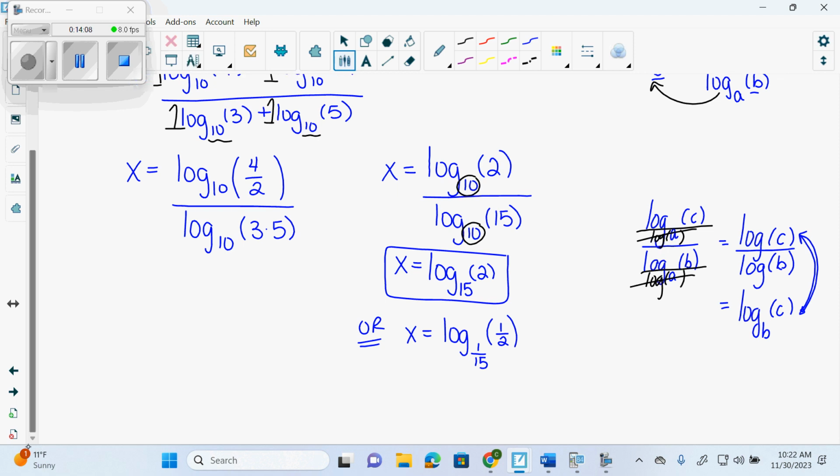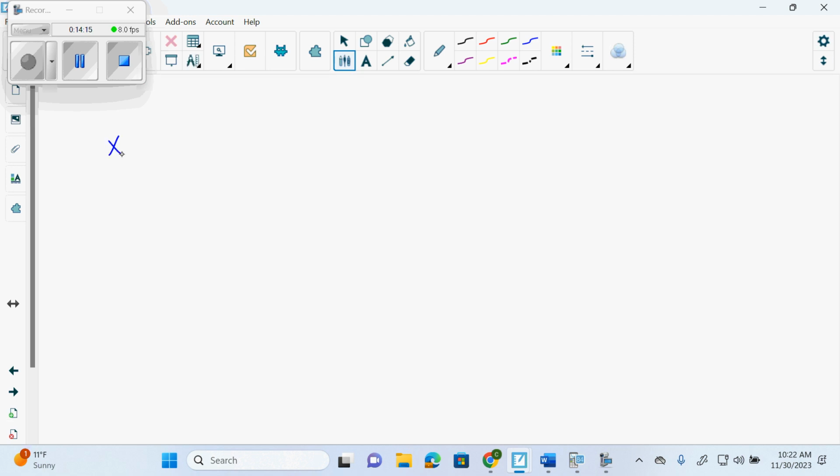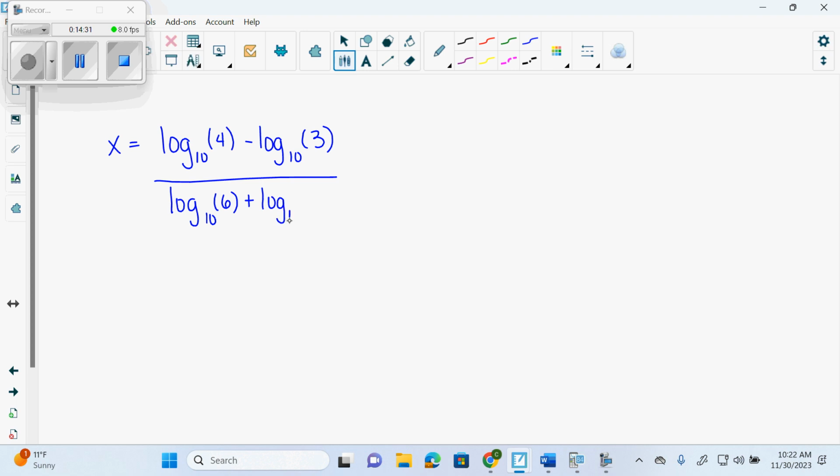So I'm going to give you another one, and I'm going to get you to convert it to a single log. We're going to practice another one. So x equals log base 10 of 4 minus log base 10 of 3 all over log base 10 of 6 plus log base 10 of 2. And then we're going to do one a little bit harder, and then we're going to actually go do the math of the questions we're learning today.